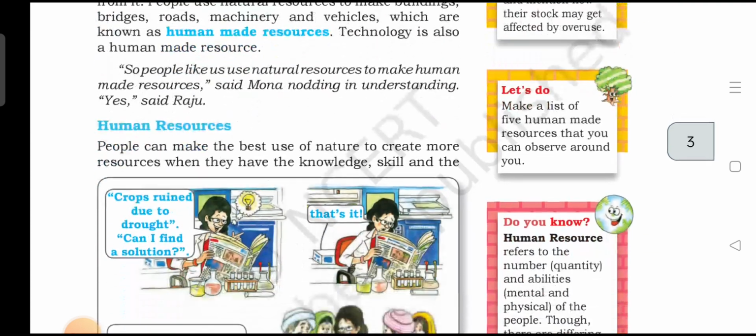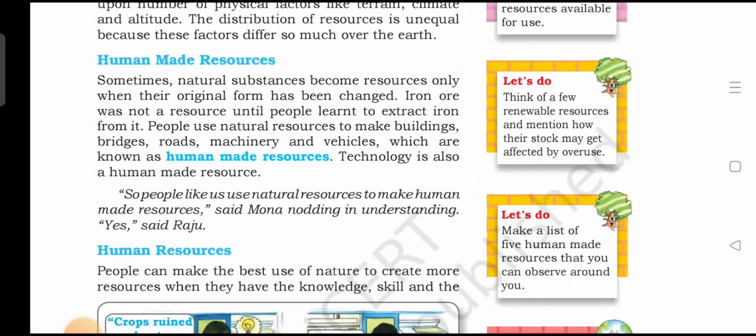Now tomorrow we will continue from human made resources, human resources, and at the last I will tell you abiotic and biotic, and actual and potential resources.